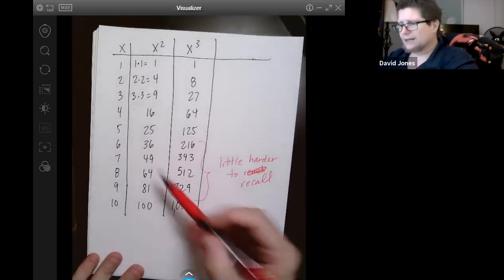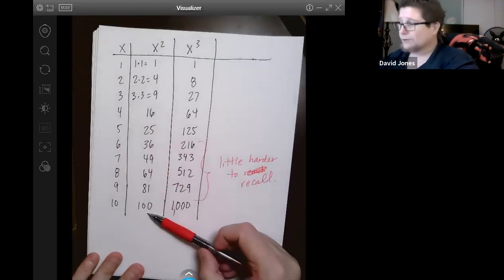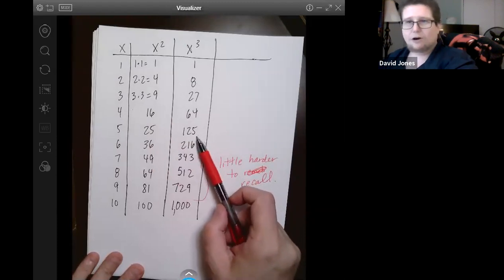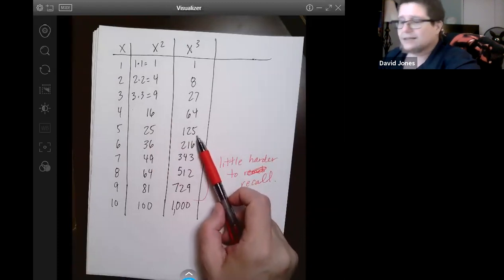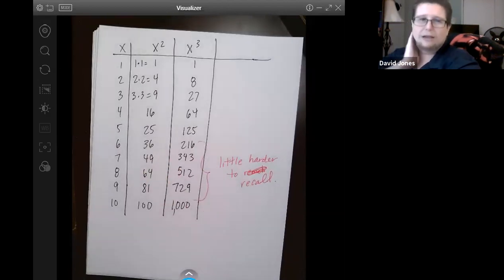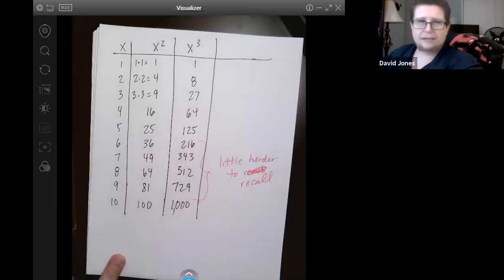But the rest of them, these are all double-digit numbers, which are on our times tables. 125, the reason why it's fairly easy to remember is our money system uses quarters, and this is like $1.25, 5 quarters. The rest of them are a little harder to remember, but they're handy to remember because, as you'll see later on, sometimes we'll see the big numbers and we want to rewrite them as something like cubed or squared.